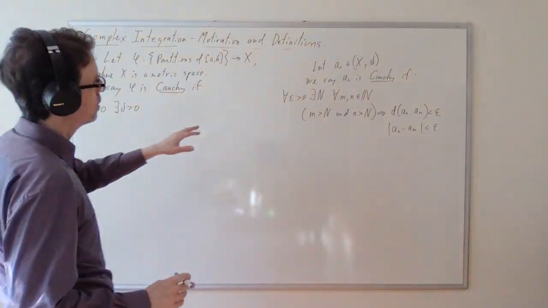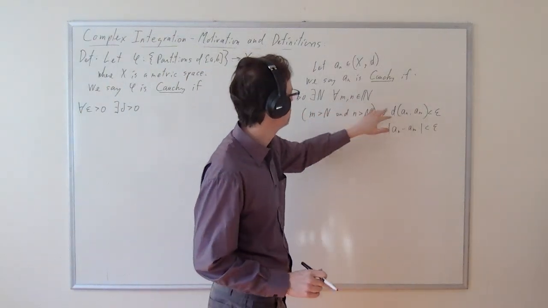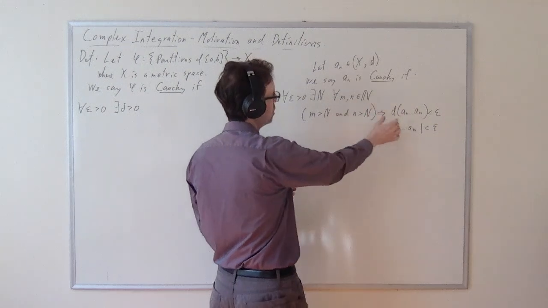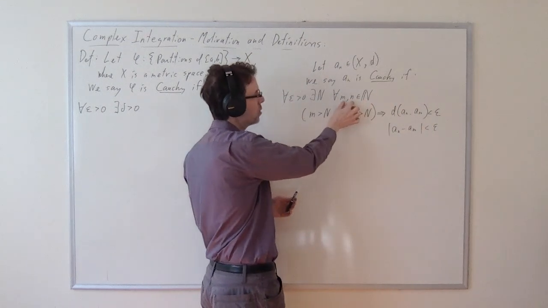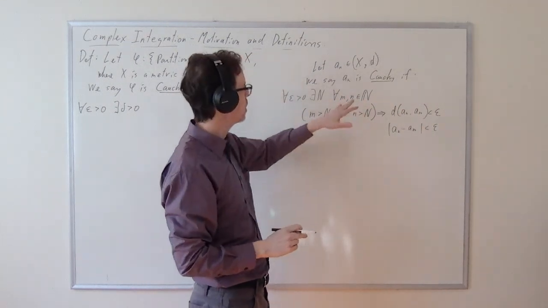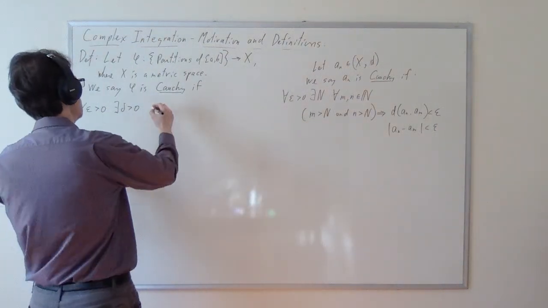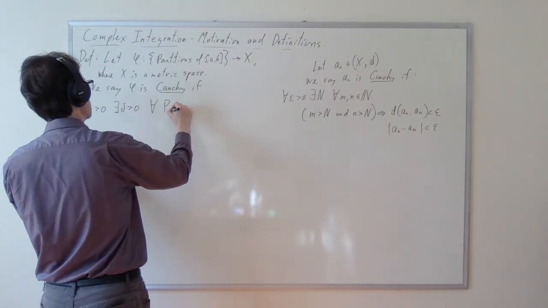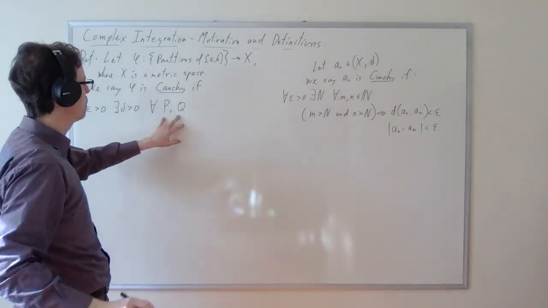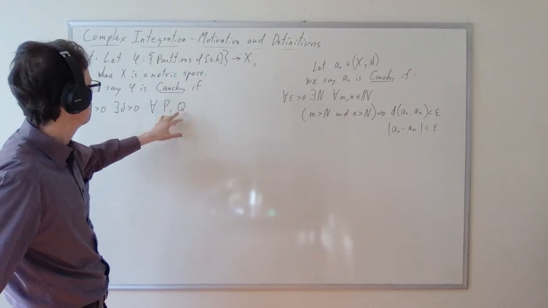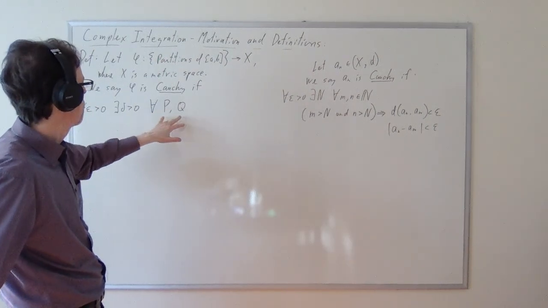Now, here, this is about the relationship between two partitions, just as the sequence case is about the relationship between two sequence terms. We introduce the indices, and we've talked about how the indices are really analogous to the partitions themselves. So here, let's introduce two partitions, p and q, and basically we're going to say these partitions are close to each other. When we apply phi to these partitions, we get something close.